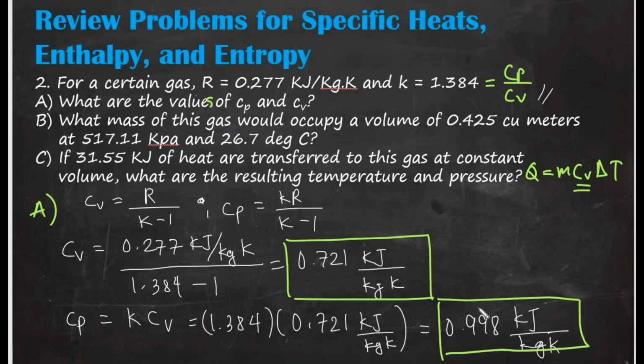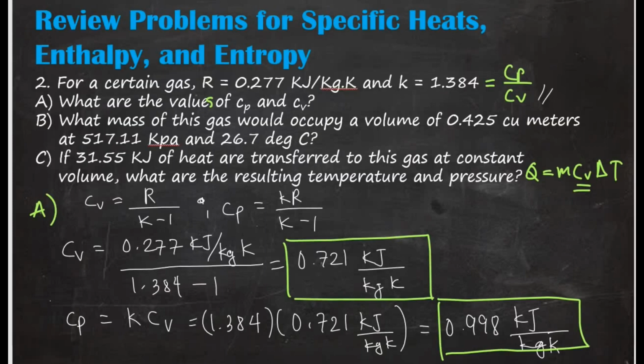So we now go to letter B. What mass of this gas would occupy a volume of 0.425 cubic meters? Then we have the given pressure, 517.11 kilopascals, and 26.7 degrees Celsius. Since we're given the volume, pressure, and also the temperature, we could just simply use the perfect gas law.